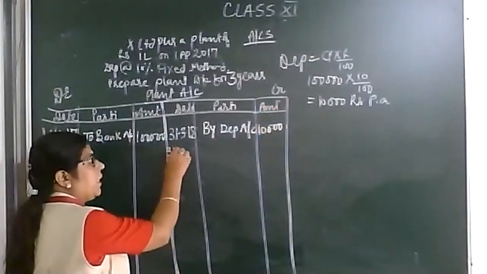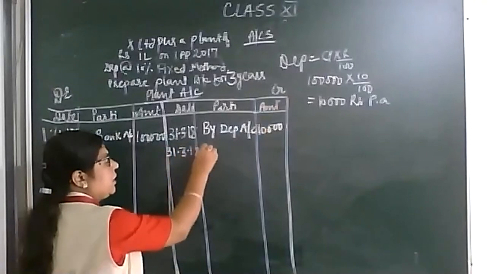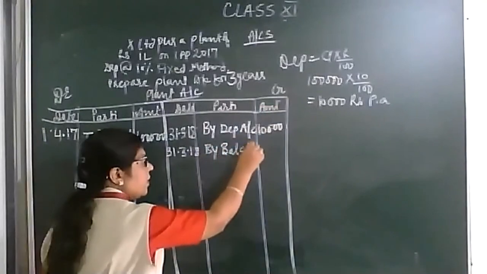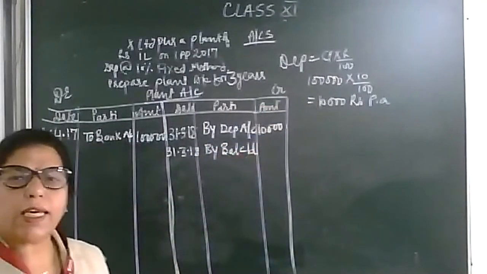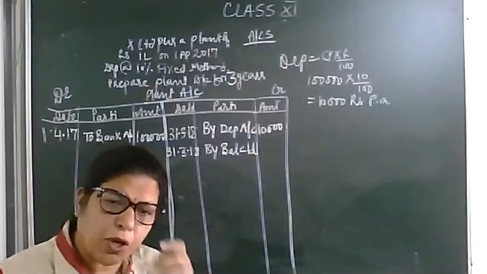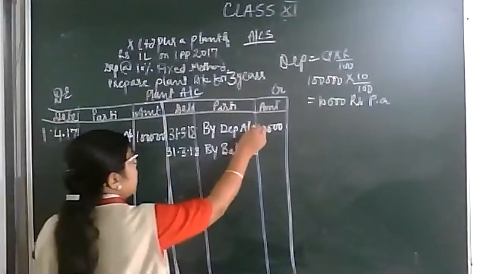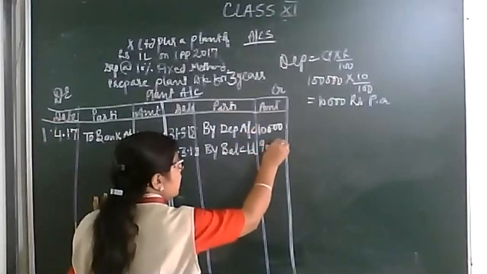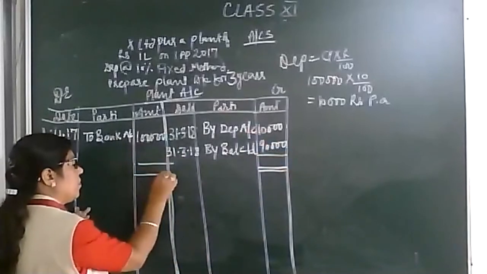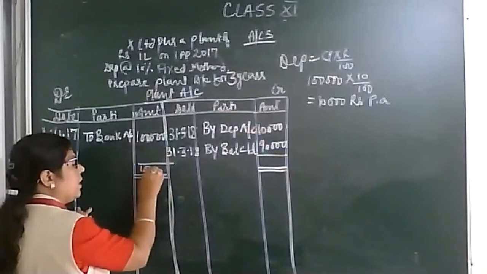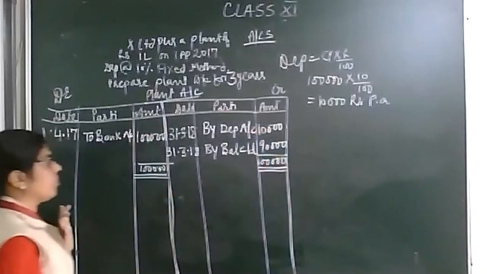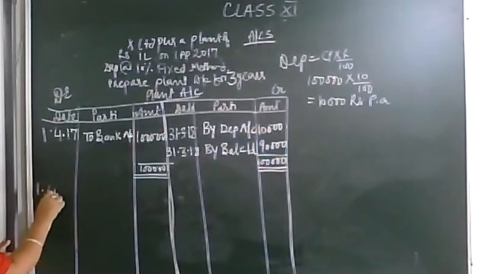Then same date, 31st March 18, we will write by balance CD, balance carried down, or you can write balance carry forward. 1 lakh minus 10,000, that is 90,000. Total 1 lakh.